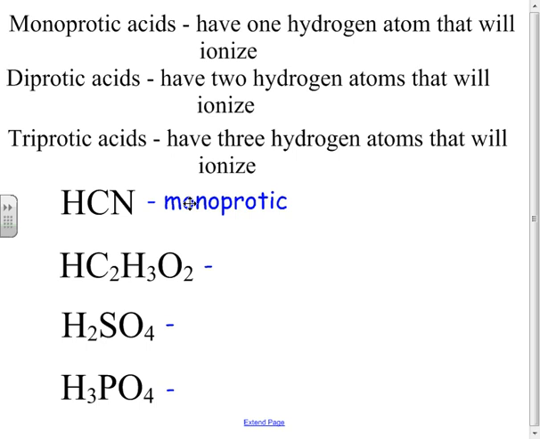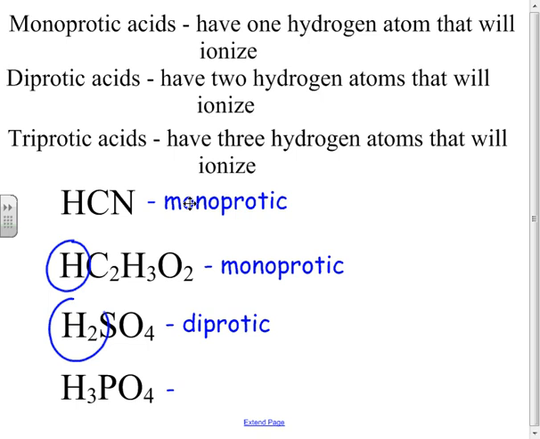Acetic acid, even though it has four hydrogens, has only one that will ionize, this first one, so it is considered a monoprotic acid. H2SO4 is a diprotic acid having two hydrogens, and phosphoric acid is a triprotic acid having three hydrogens.